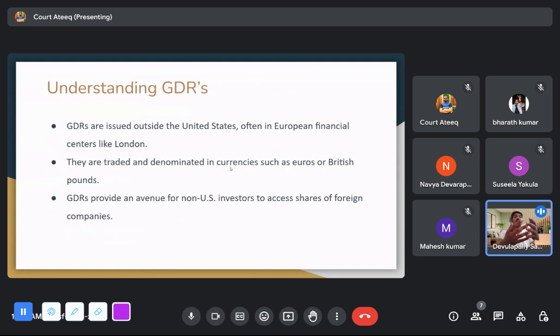If it is issued in London, the official currency is the pound, so it will be traded in pounds only. GDR provides a bigger pool than ADR, because ADR has a lot more restrictions. GDR is much less restricted, and we can have a lot more benefits in GDR also.